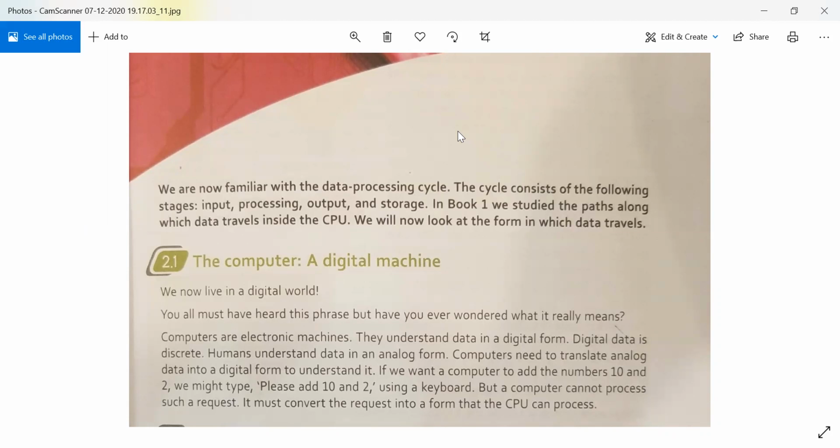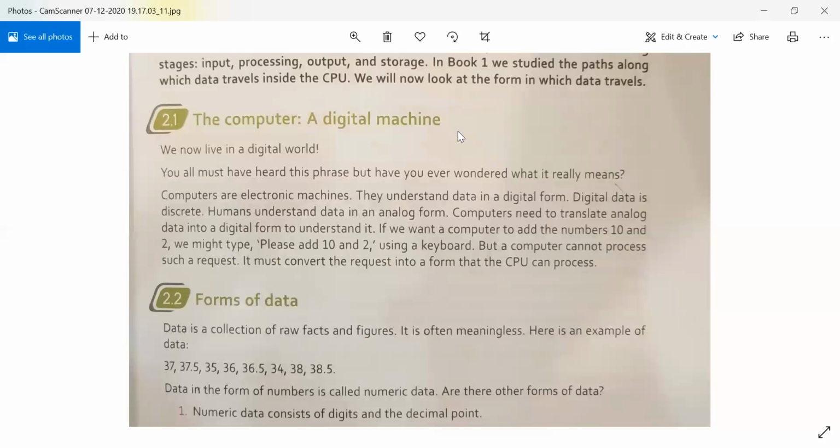In book 1, we already studied how data travels inside the CPU. But in this book, in level 7, you are going to study in which form data travels. So let's start our topic.